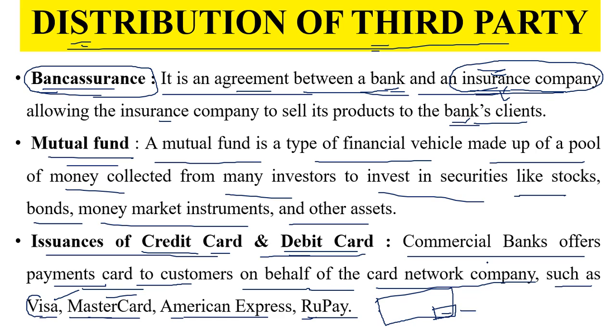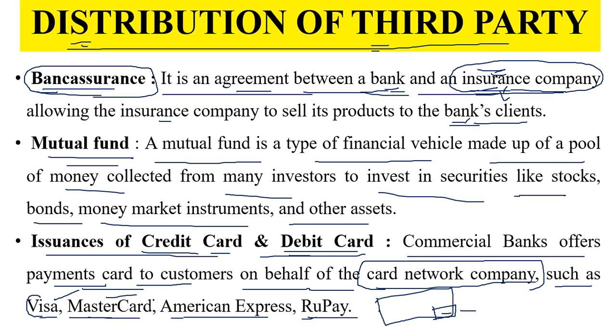So the bank is offering you the credit card and debit card, but this card usually belongs to the card network company. Visa, MasterCard and American Express are card network companies giving the services to the customer for making the payment.